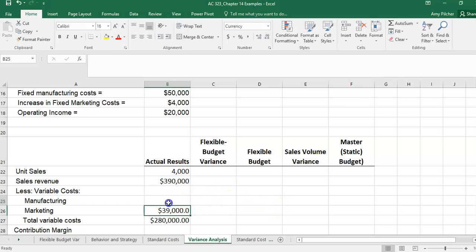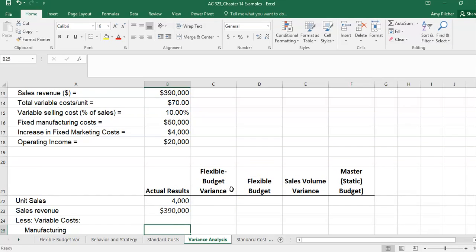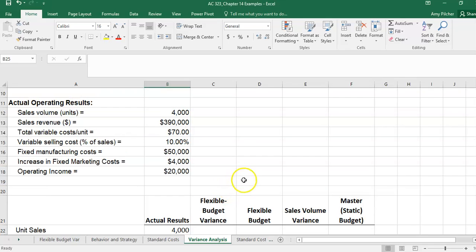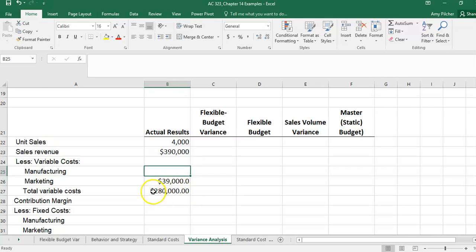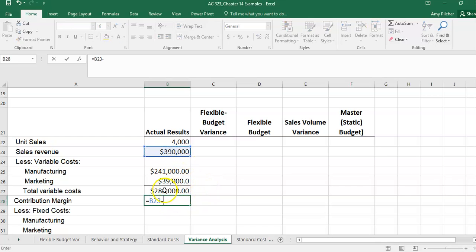Now we need to figure our manufacturing costs, which the problem has not given us this information, but we know what our variable costs are and what our total variable costs are. So we take our total variable costs minus our marketing variable costs to figure that in. So our contribution margin is our sales minus our total variable costs.